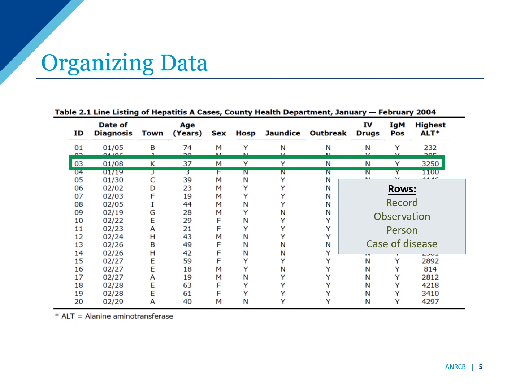The observation has an identifying number or ID first, and then across the row we have the values for each data point collected, such as date of diagnosis, age and sex of the person with hepatitis, and how it was treated. Rows often represent a person, an observation, a record, or a case of a disease.